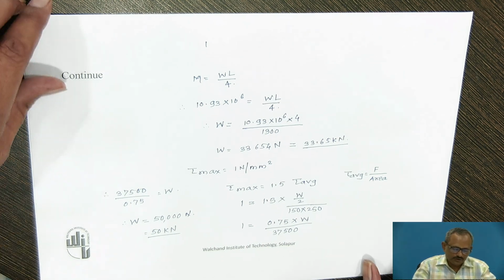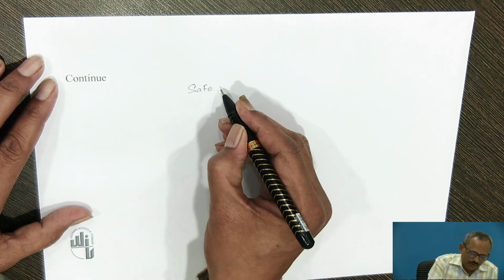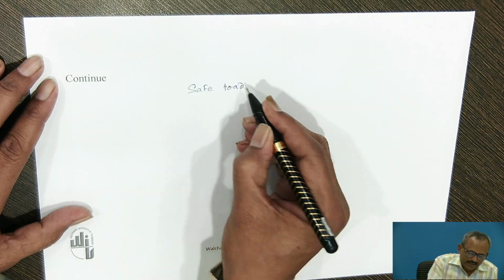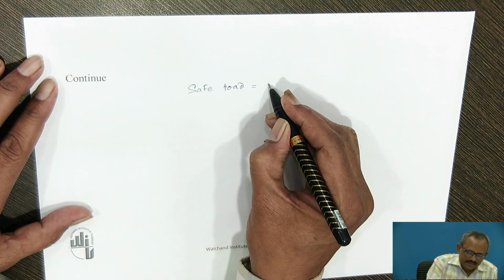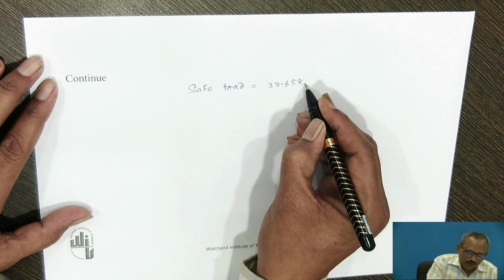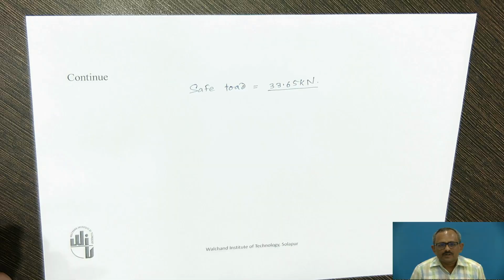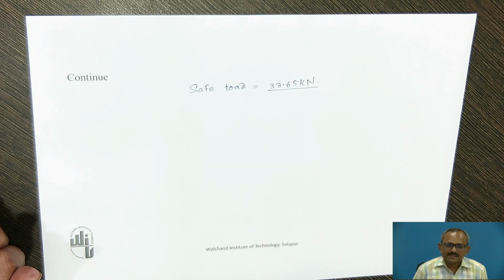Hence the safe load to which the beam can be subjected is 33.65 kilo Newton, which is the least value of the two, and hence the safe load is obtained by the bending stress consideration.